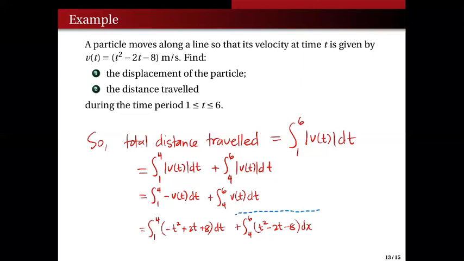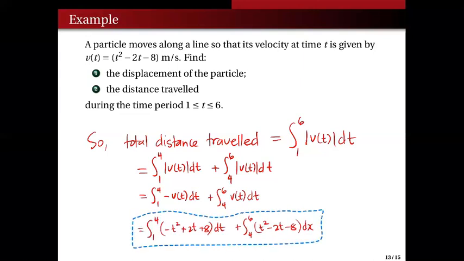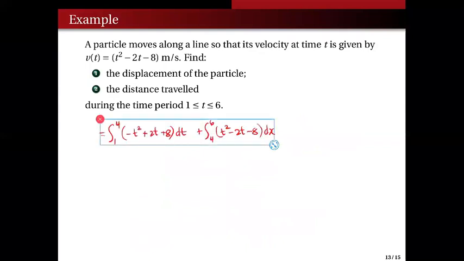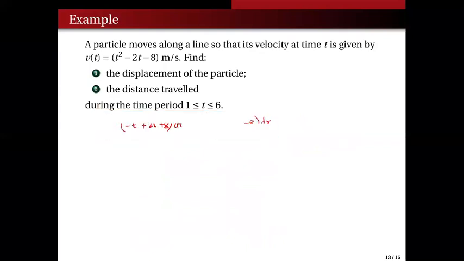So let's go to the next page. I'll just copy this. From here, we evaluate. So now we have the usual evaluation. We have minus t cubed over 3 plus 2t squared over 2 plus 8t.